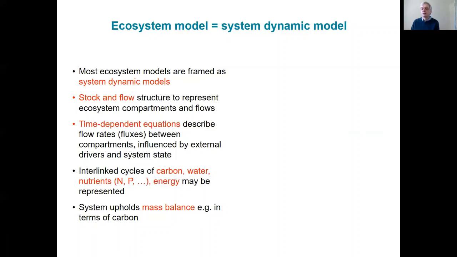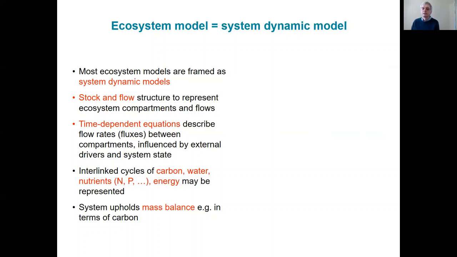And those fluxes, as already mentioned, could be expressed in different currencies of energy or matter. Of course, when we're talking about the land carbon cycle, at least one of those cycles is the cycle of carbon. But many models also include interlinked cycles of, for example, water, nutrients, nitrogen, phosphorus, silicon, and so on, or energy.